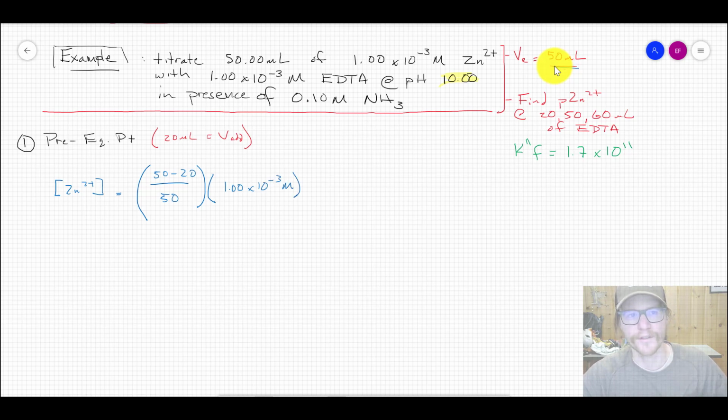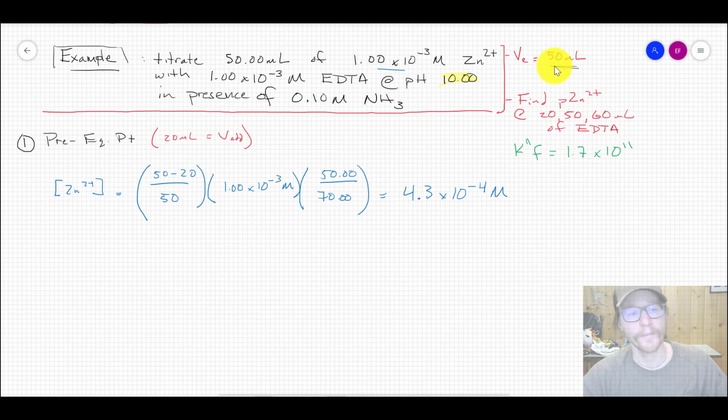That's coming straight off of the list here. And then the dilution factor: we had originally 50 mils of this stuff, and now we have 70 mils. We've done this several times, so I'm not going to walk you through each of the steps, but generically this makes sense. And that gives us a value of 4.3 times 10 to the minus 4 molar in excess.